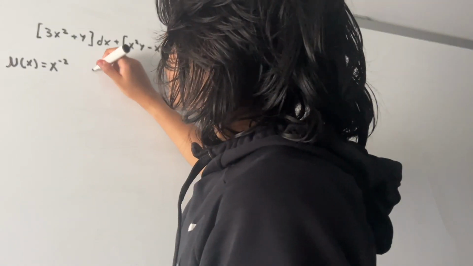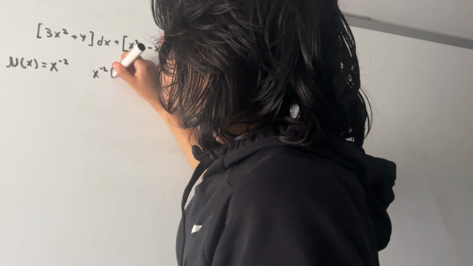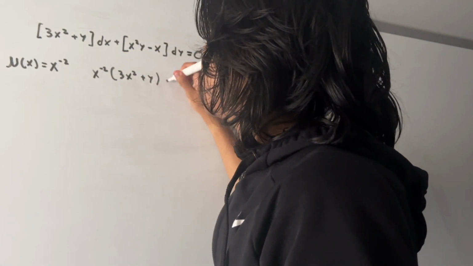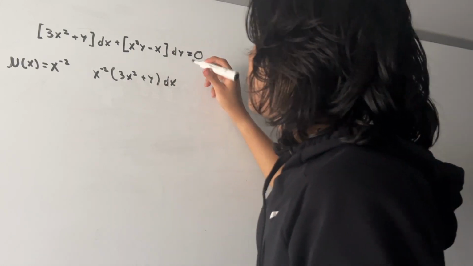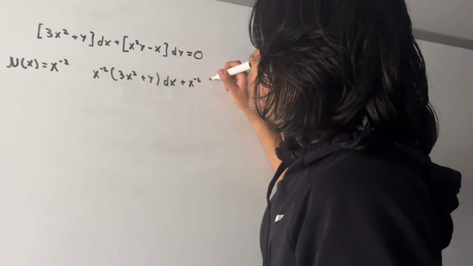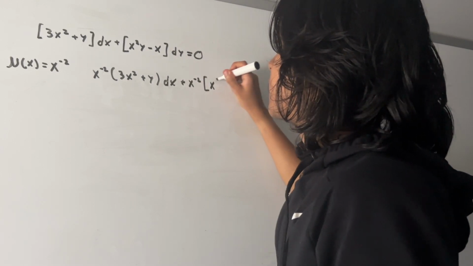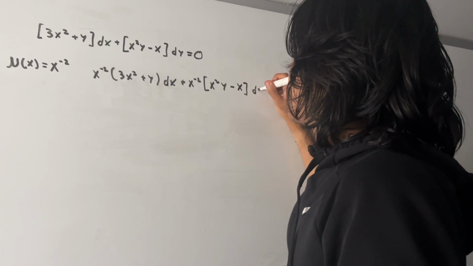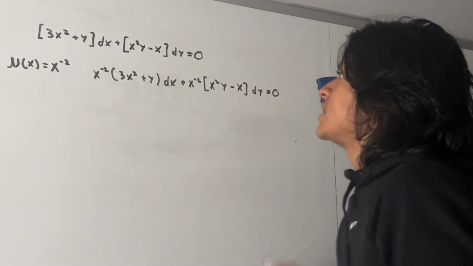We're just going to multiply this equation by the integrating factor. So really we get x to the -2 times 3x squared plus y dx, plus then we get x to the -2 of x squared y minus x dy is equal to 0.